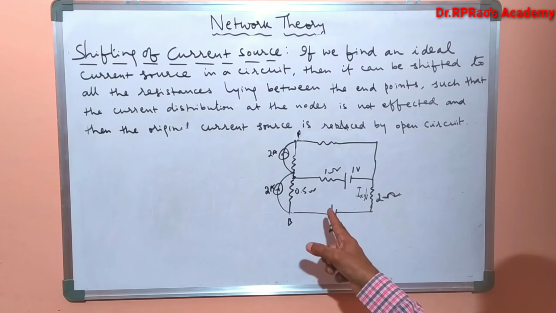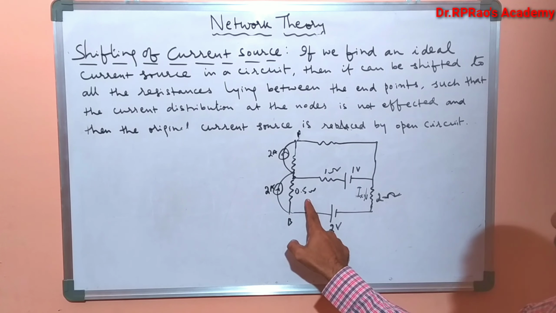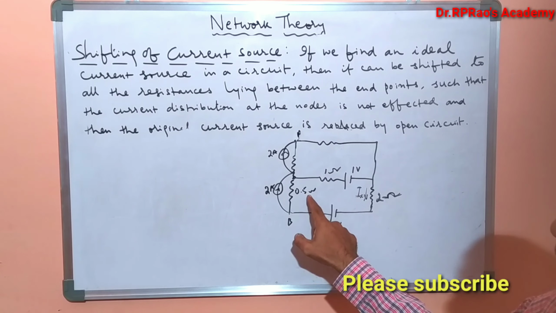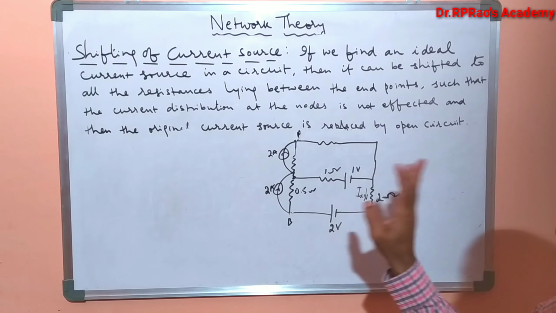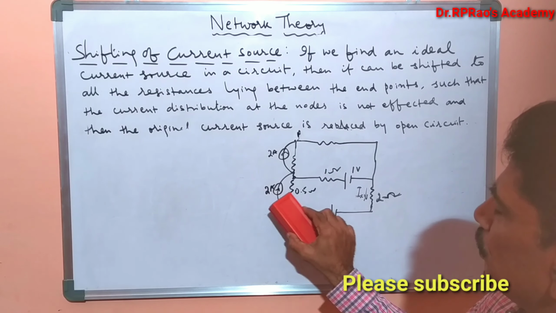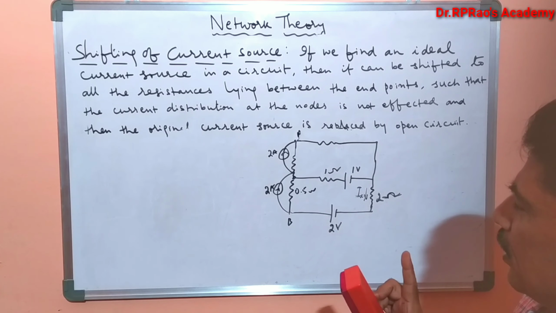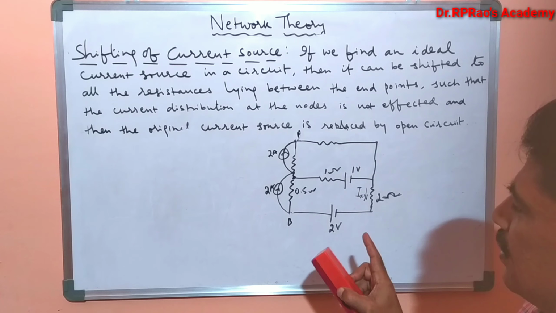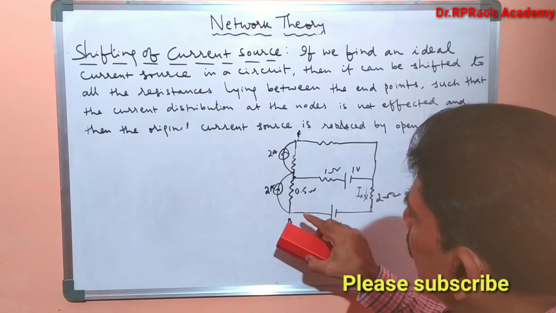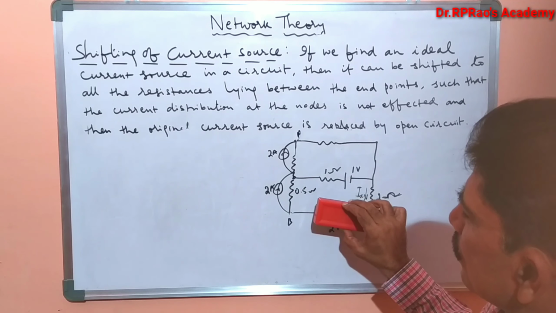If it is converted, you multiply these two, then you will get a voltage source, and 0.5 ohms will be the internal resistance of that voltage source. 2 into 0.5 is 1, so 1 volt in series with 0.5 ohms. I'll just replace this current source by a voltage source now.